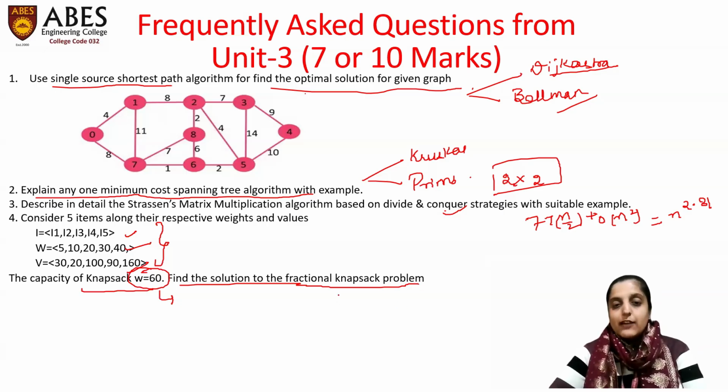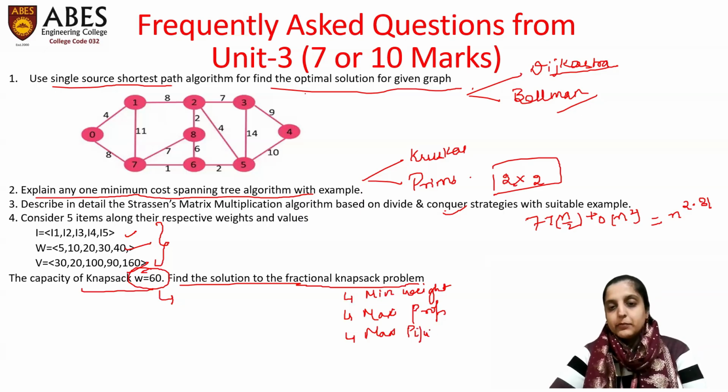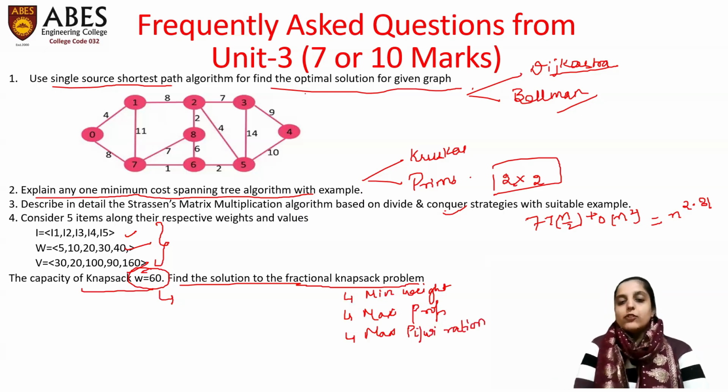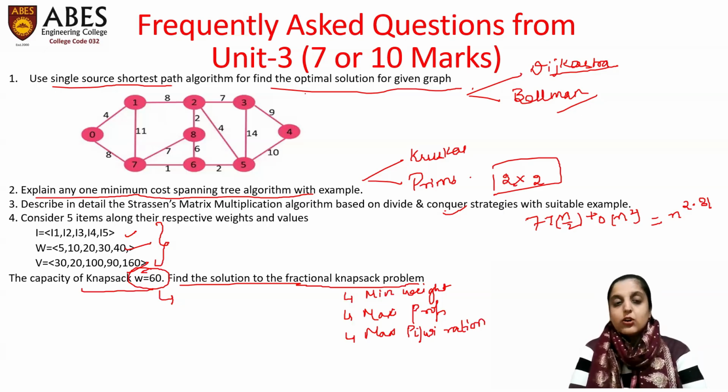In that video, we discussed three approaches: one is min weight, next is max profit, and the third one is max Pi by Wi ratio. We have already discussed these three approaches for solving the numerical.